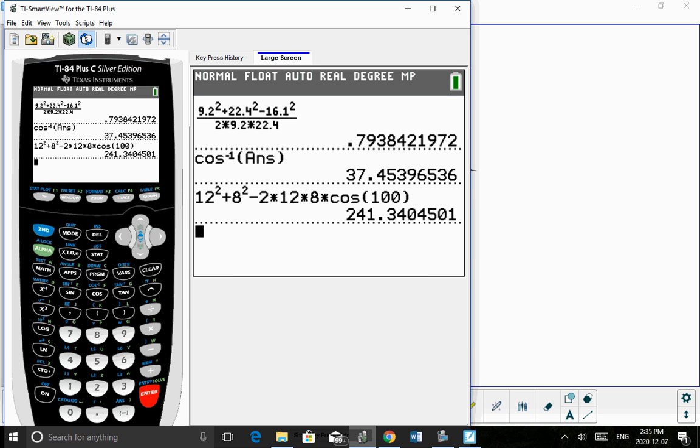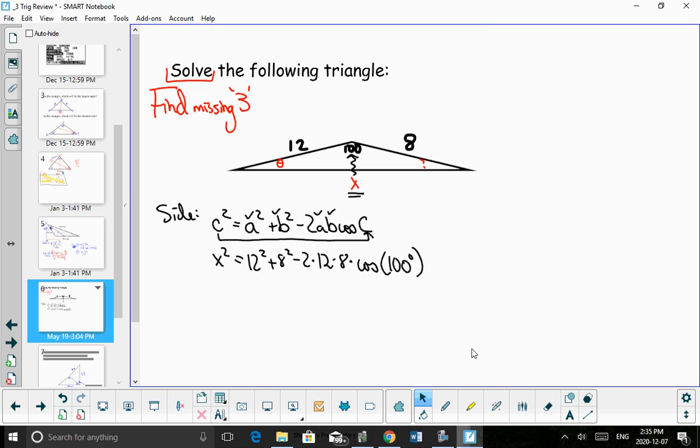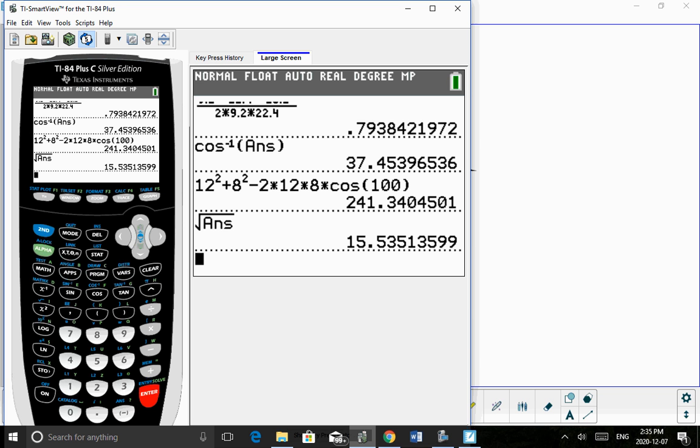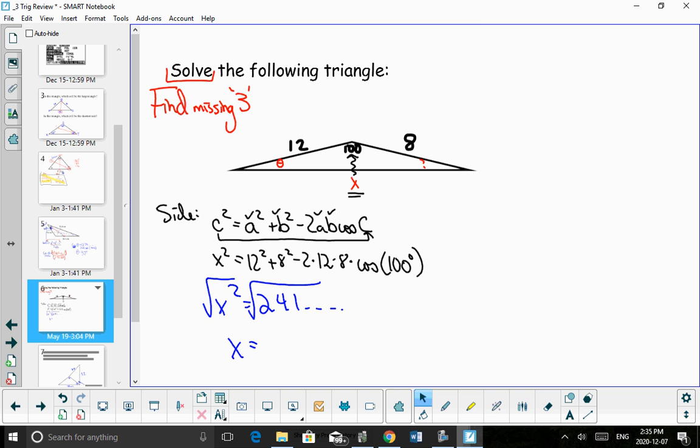You have to remember that in the formula it's x squared. So how do we get rid of a squared? Well, we square root. The square root of that answer is 15.5. Usually with side lengths we leave one decimal, and with angles we leave whole numbers.